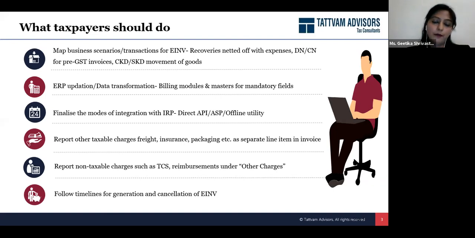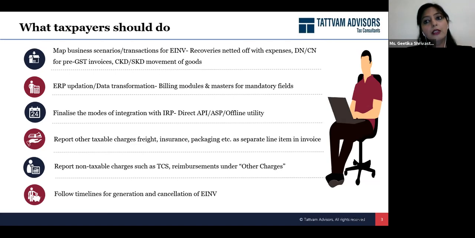Then another instance which we have been looking at, and the queries that keep coming from the clients, is about the debit and credit notes which are being issued for invoices which were pre-GST invoices. Now if you are issuing a debit or a credit note and reporting it on the IRP, there is no check or validation on the IRP to link it with any of the original invoices.